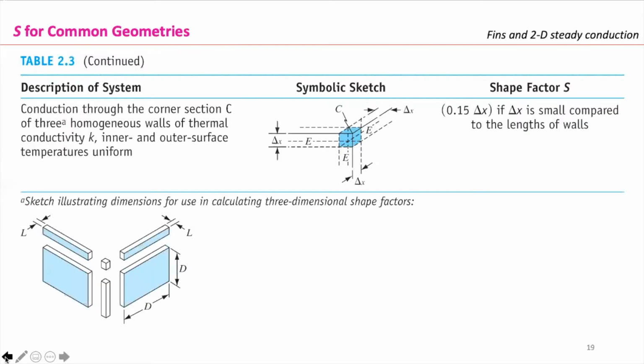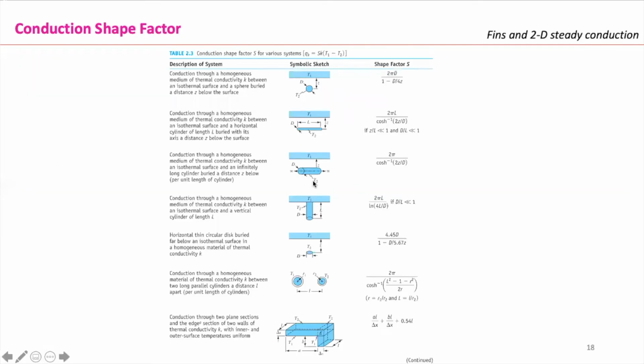So if you don't have your book available, we can check here in my presentation. And we have the conduction here. 2 pi L, conduction through a homogeneous medium of thermal conductivity K between an isothermal surface and a horizontal cylinder of length L buried with its axis a distance Z below the surface.